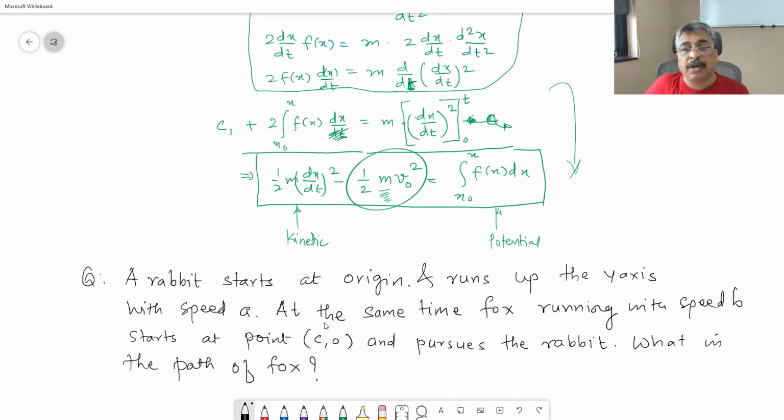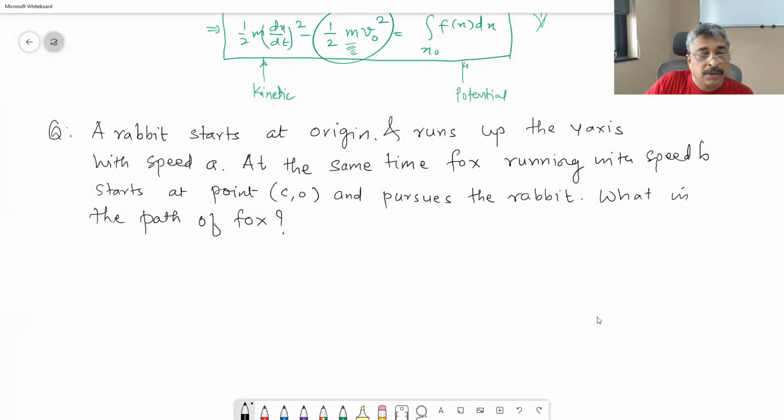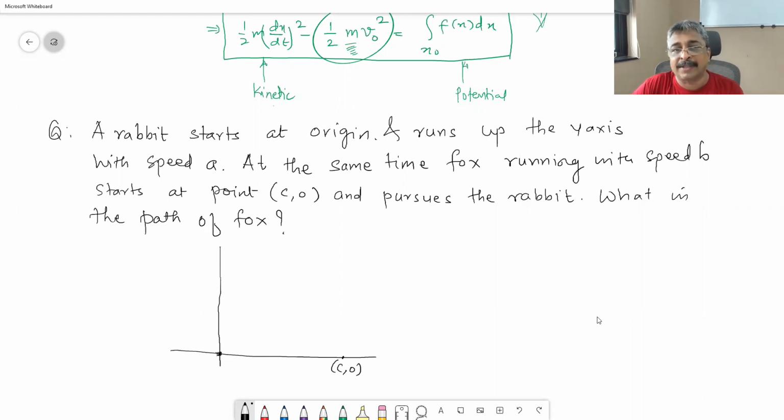Okay, now it is simple. Let me just explain it to you before I leave it to you. This diagram is like this. The rabbit has seen the fox at (c, 0) when time t is equal to 0, and this rabbit has got, say, a rabbit hole somewhere on this y-axis.